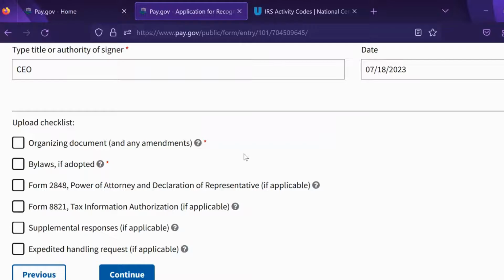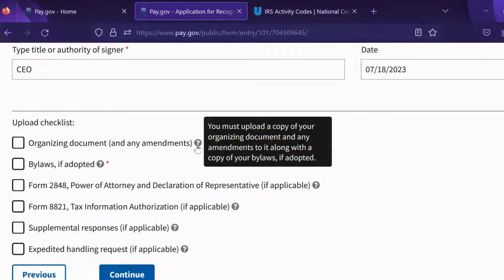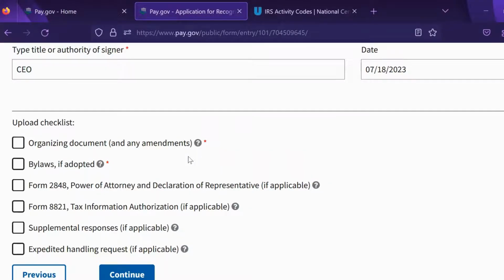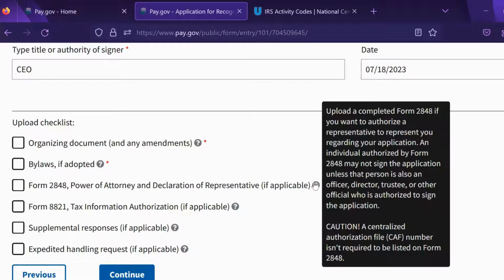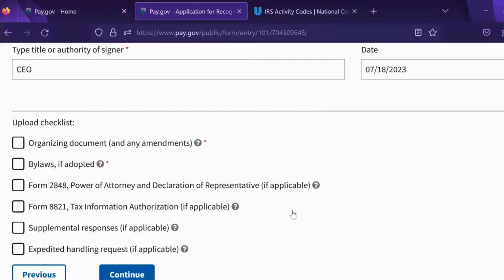As you recall, the first page said that we would have to upload the bylaws. And the next question does ask for the bylaws if adopted. Form 2848, which is a power of attorney and declaration of representative, if applicable. If you want to authorize a representative to represent you regarding an application, then you will have to do this.